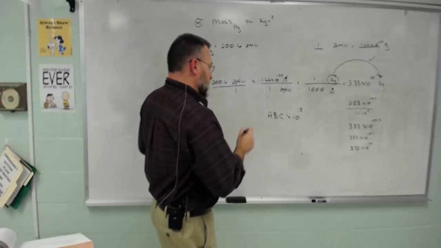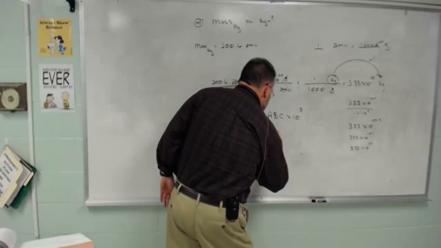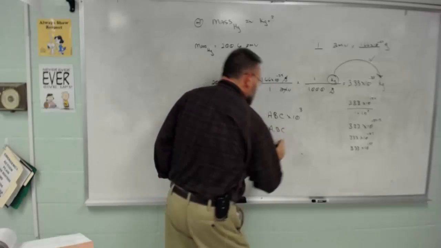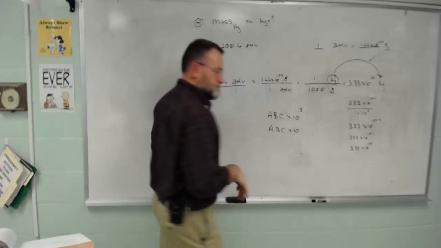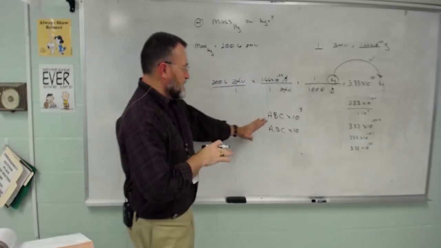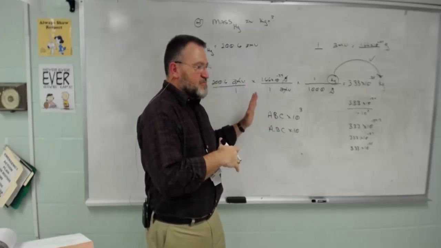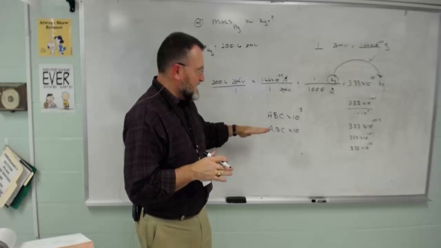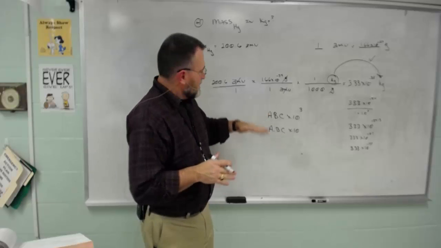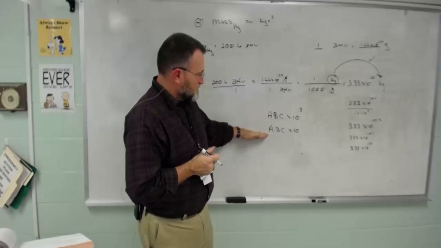Okay. My format of my number has to be A decimal BC. That's appropriate scientific notation, times 10 to the something, right? Now, when you make one side smaller, if you're trying to keep the same value, well, I'm trying to say the same value and represent it in another way. To take this same value here and move it to this one.